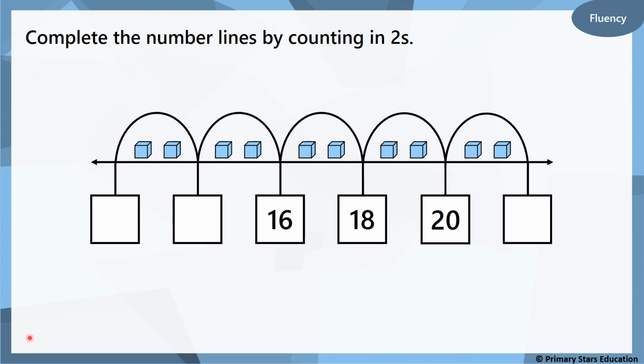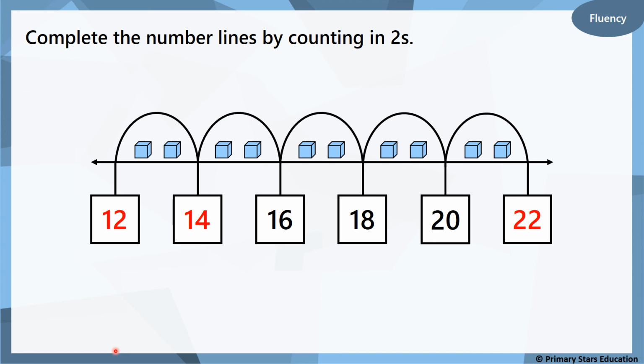So 14 is going to go in there. Now let's count back 2 from 14. 13, which we miss, and then we say 12. Let's see if we got those two right. 12 and 14. Right, let's go up the other end. Add 2 more onto 20 and we will have 22. Well done if you got them right.